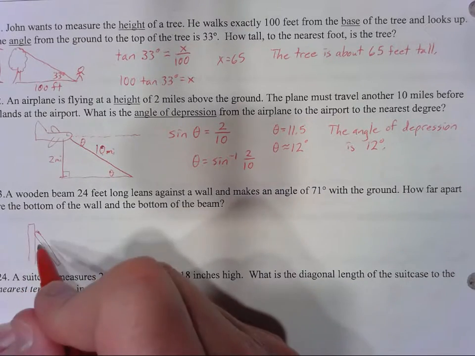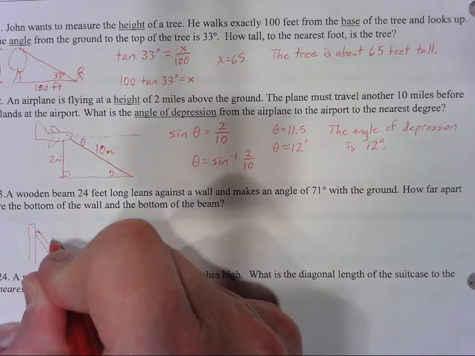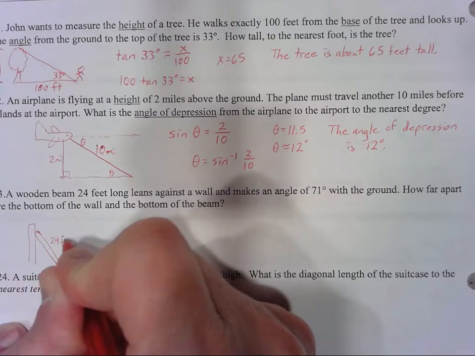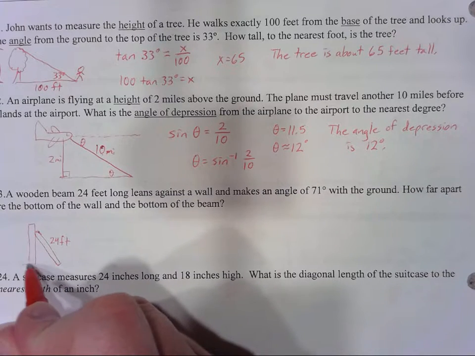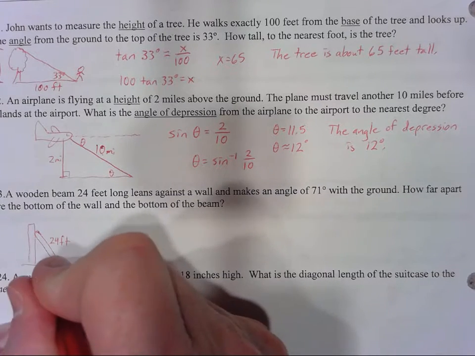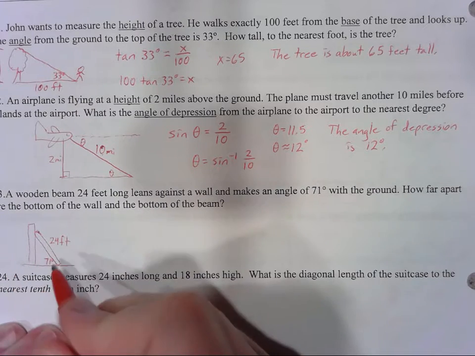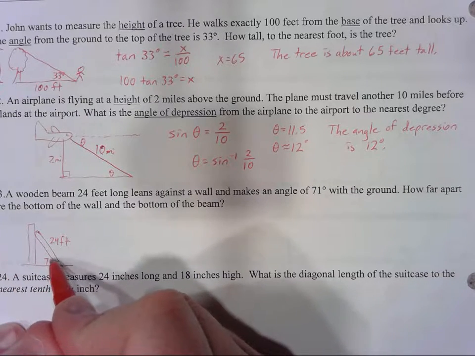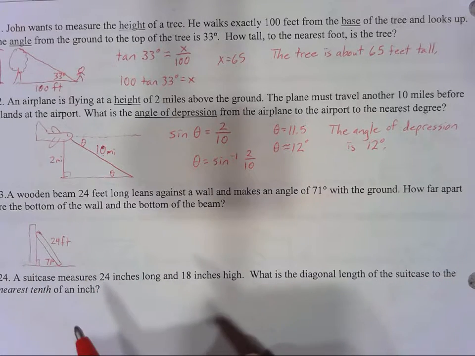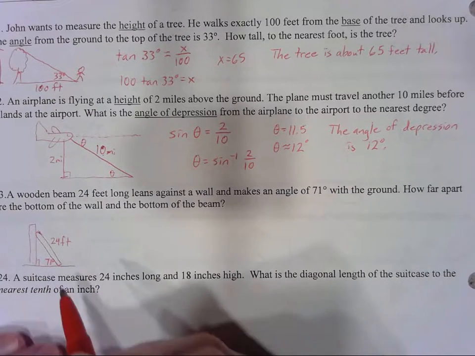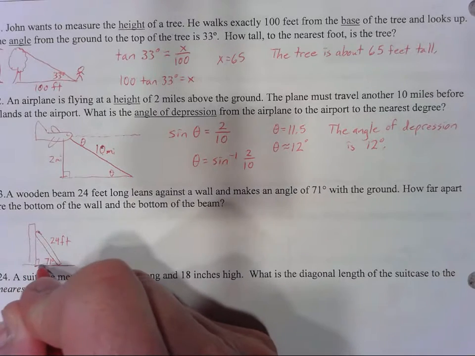The wooden beam is 24 feet long. It leans against a wall and makes an angle of 71 degrees with the ground. So the beam makes the angle with the ground. How far apart are the bottom of the wall and the bottom of the beam?